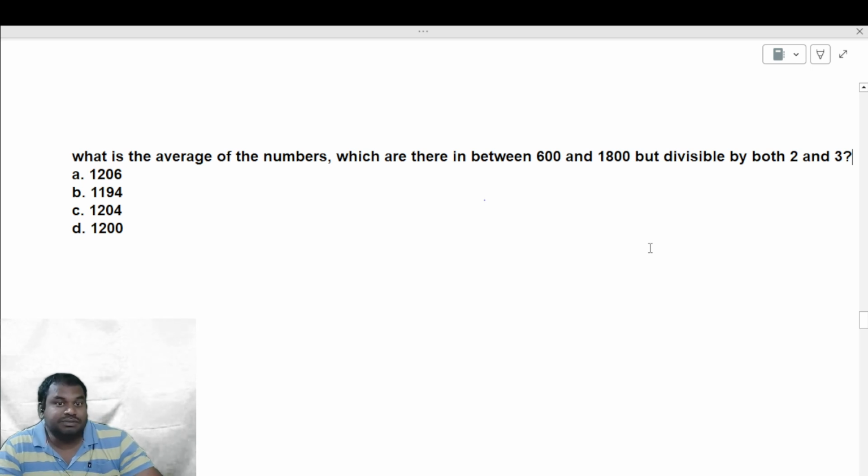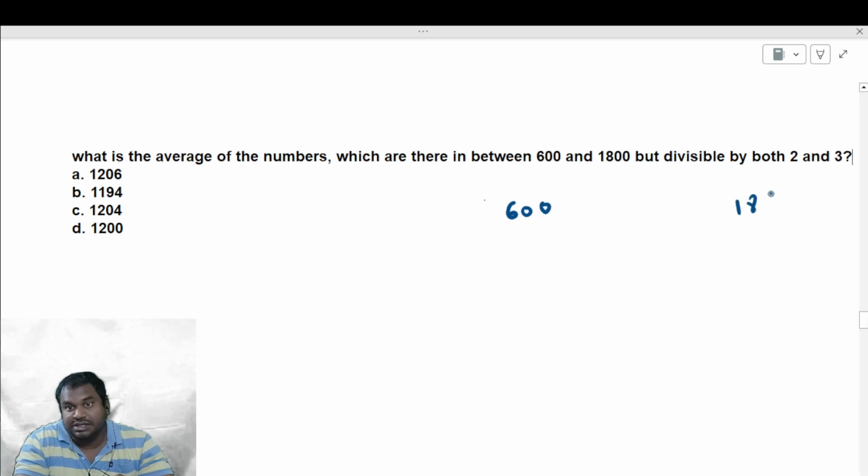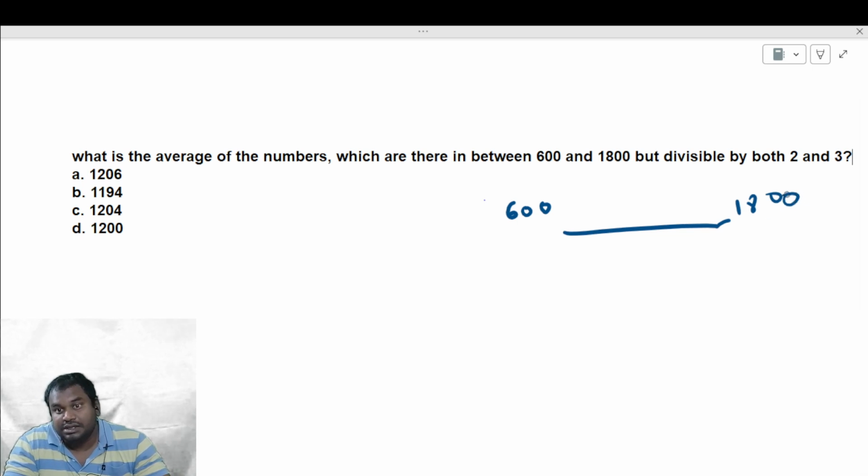They should be in between 600 and 1800, in this region, and they must satisfy the condition that they are divisible by both 2 and 3. If a number is divisible by 2 and not by 3, you cannot take it. If it is divisible by 3 and not by 2, then also you cannot take it.